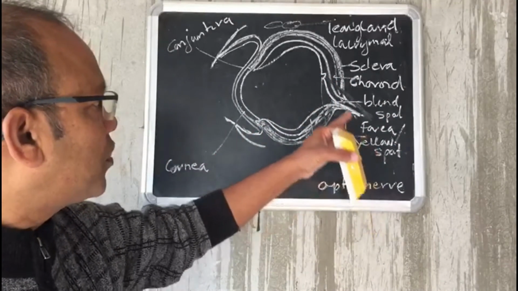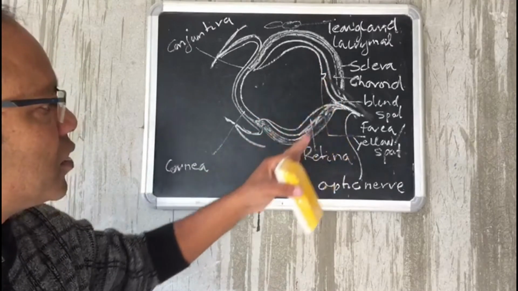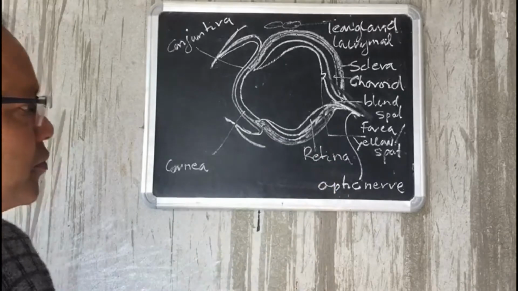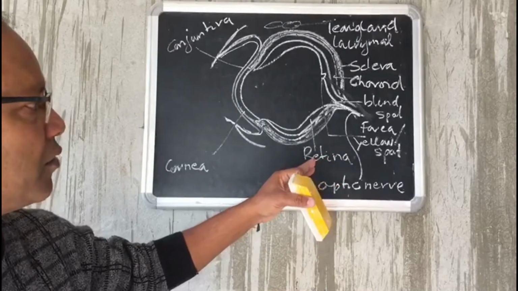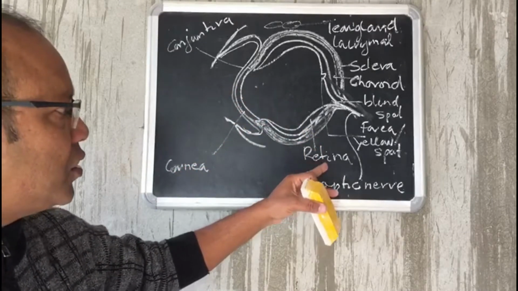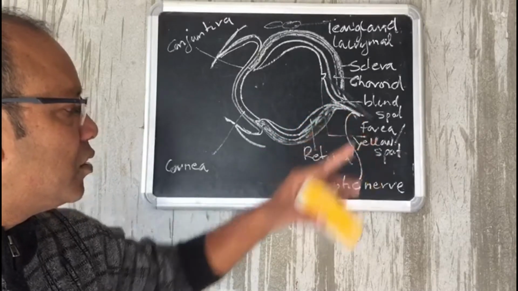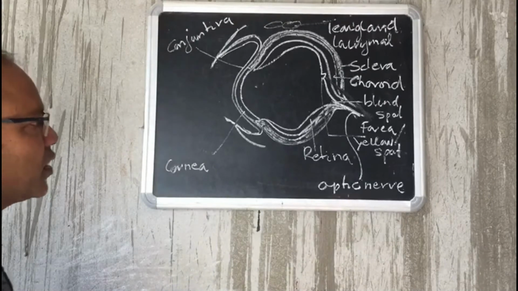Fovea or yellow spot, and this is called the blind spot. The most important layer as far as vision is concerned is the retina. Whatever information is stimulated on the retina by the light that enters is passed on through the optic nerve to the visual centers of the brain.